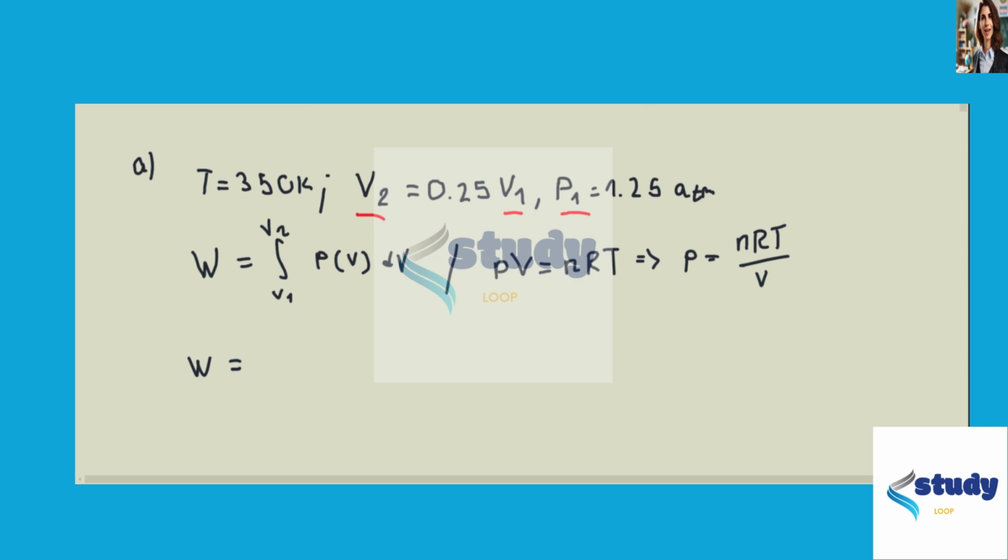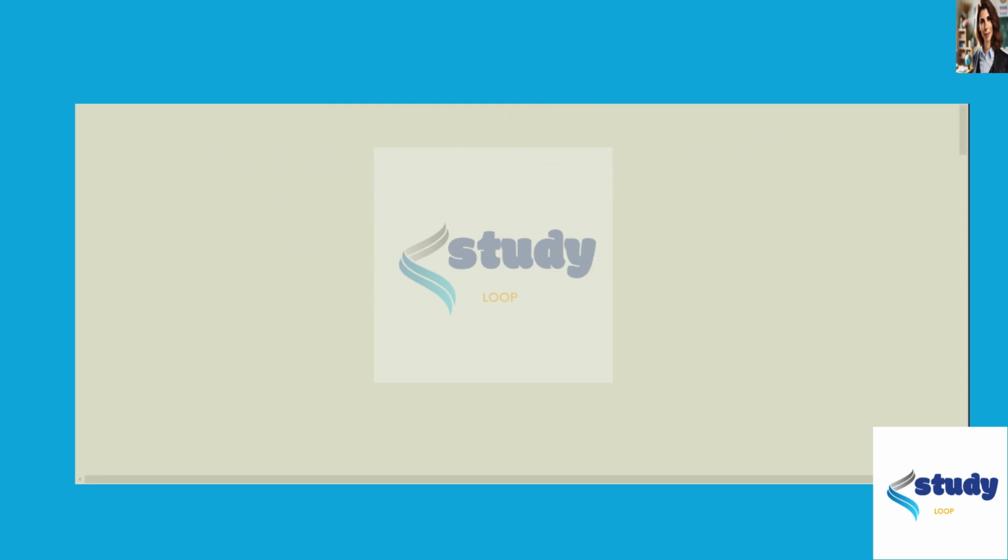So this function can be substituted back into the integral, and therefore we can say that W, the work, is equal to, now the constants always go in front of the integral, so this is nRT, and then we continue to integrate from V1 to V2 the function 1 over volume, dV. This is a table integral, and it will be equal to the natural logarithm of the volume.